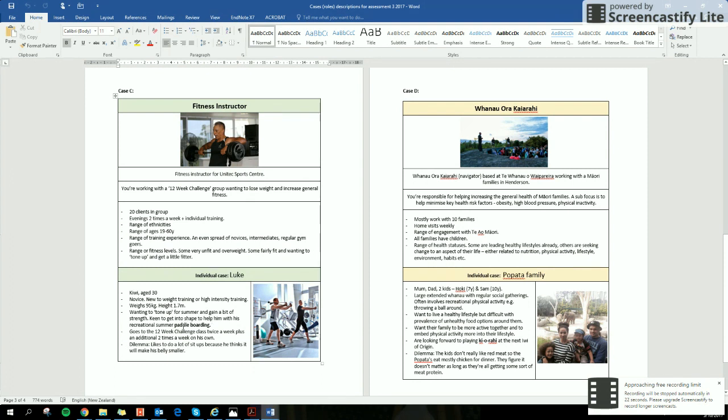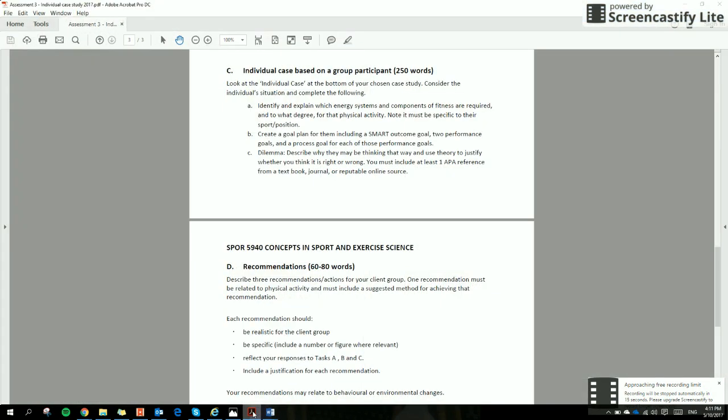So you need to know about paddleboarding, and identify what energy systems and components of fitness are required for it. You need to create a goal plan for him, and then you also need to answer this particular question here, the dilemma, using some theory.